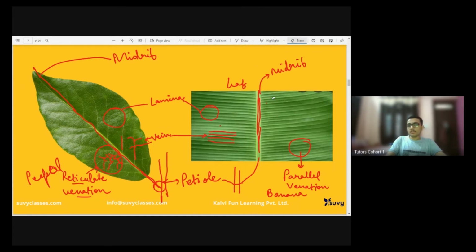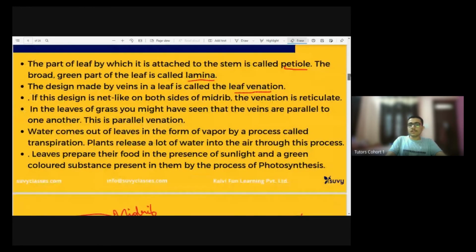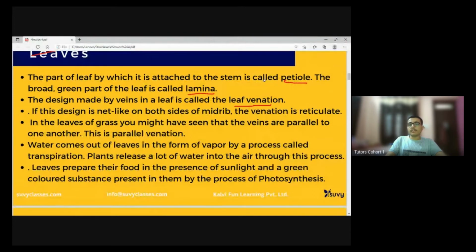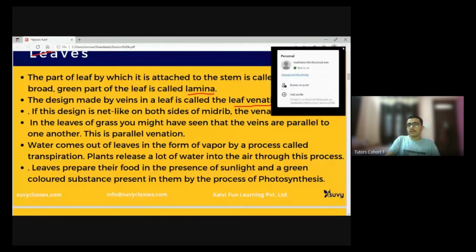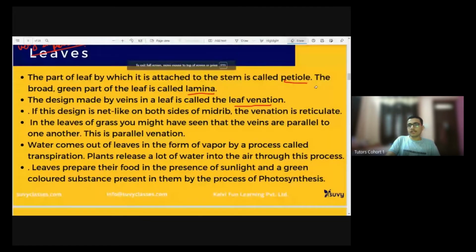The venation is reticulate, and if the veins are parallel to one another, that is known as parallel venation. I just lost the pen, so I had to do it. So we have just now marked the midrib, then the reticulate venation, then the parallel venation.